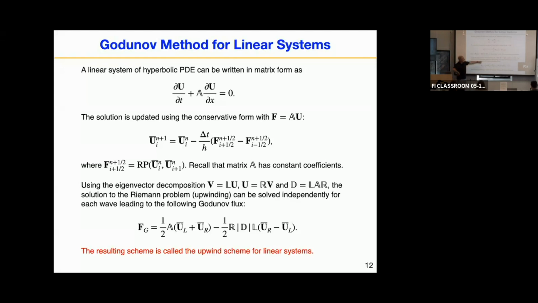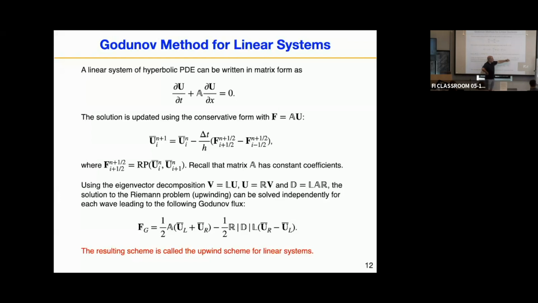So it means that you can project U, the vector of conservative variables, into V, the vector of the eigenvectors, so that if you transform the matrix A into the basis of the eigenvectors, it becomes diagonal. This is eigenvalue decomposition 101. I hope you're familiar with that. You have seen this in high school, I think.